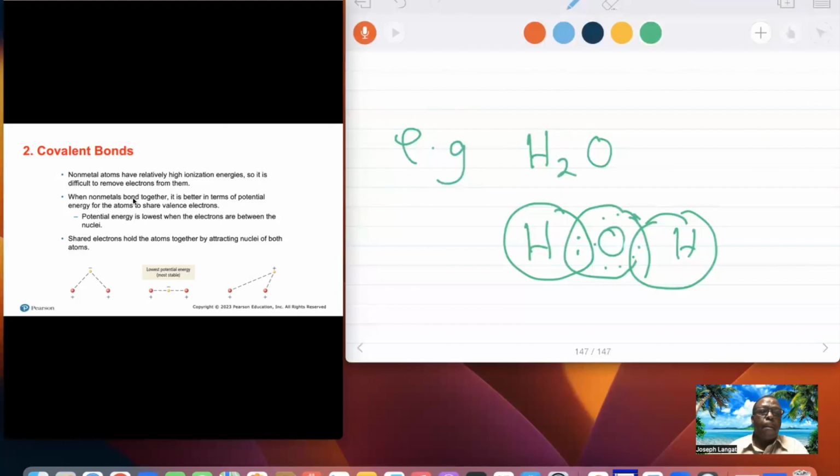When non-metals bond together, it is better in terms of potential energy. The potential energy is lowest when electrons are between the nuclei, and these electrons between the nuclei constitute what we call covalent bonds.